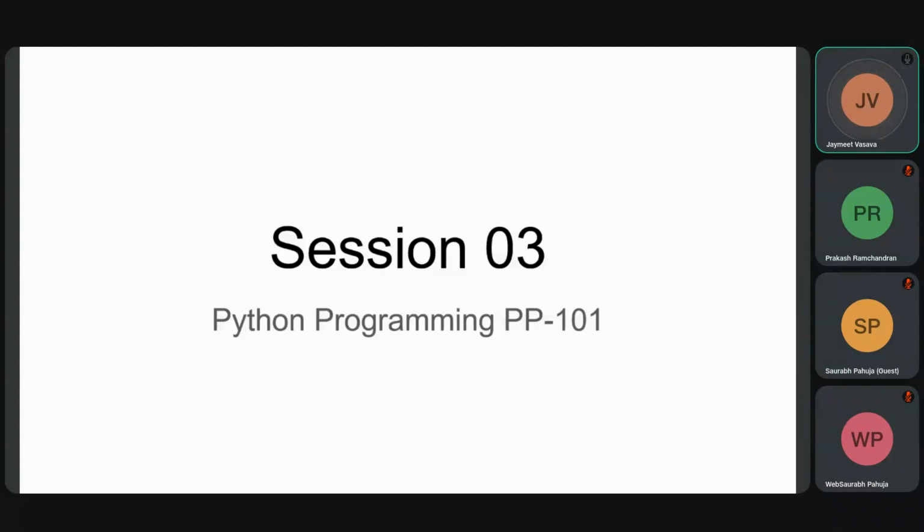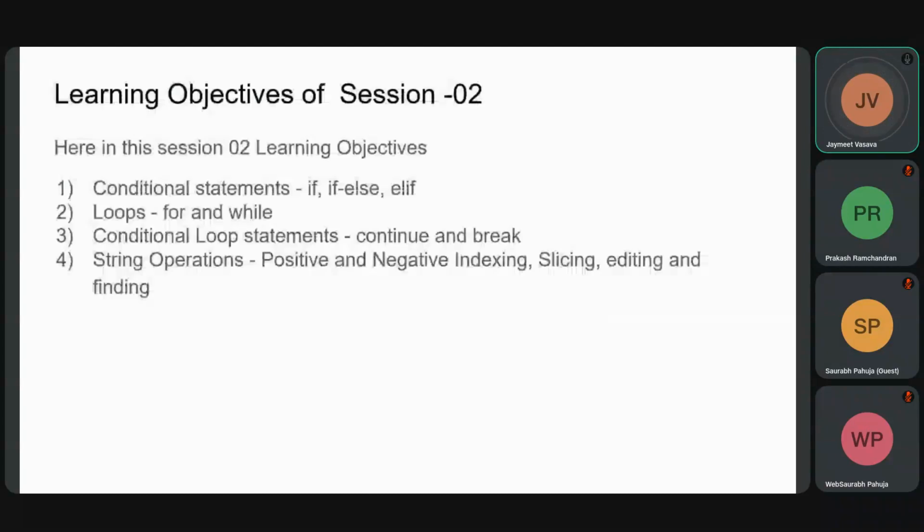In order to understand how a piece of code, a program, or a software is developed from 0 to 1 and so on, in this session 3 we will have certain learning objectives.